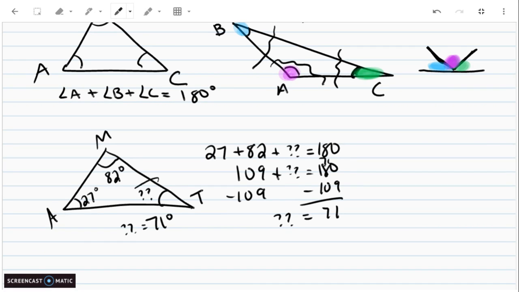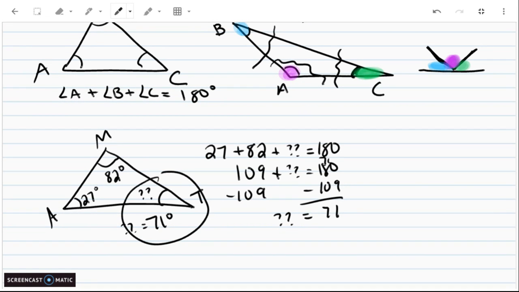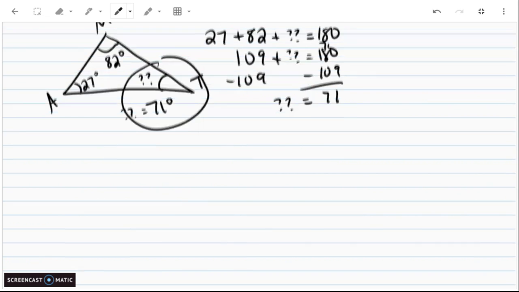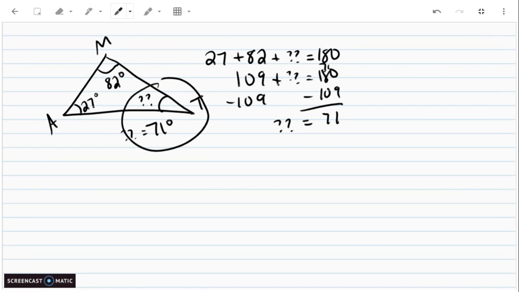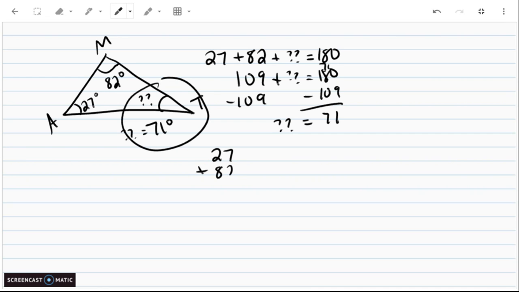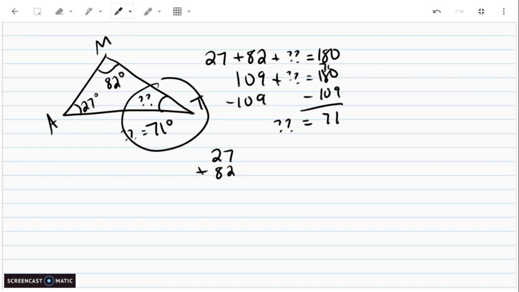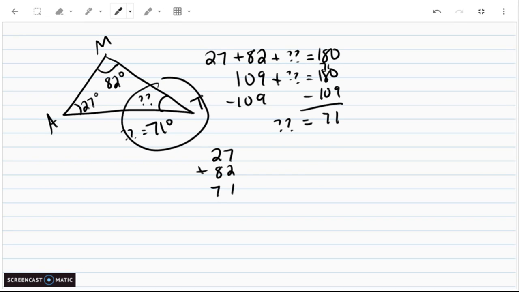And so then you always want to make sure that you are correct. And so get your calculator out and double check that when you add this up that it works. So 27 plus 82, or you can even just do it by hand like I'm going to, plus 71, add it up, and it should equal 180.